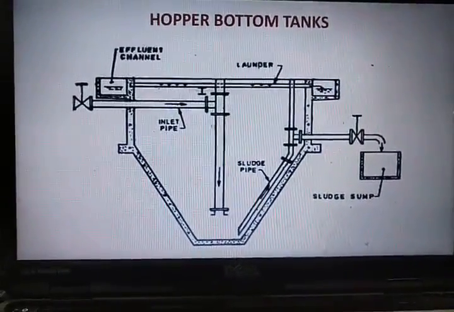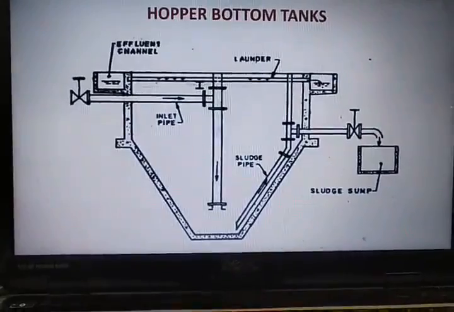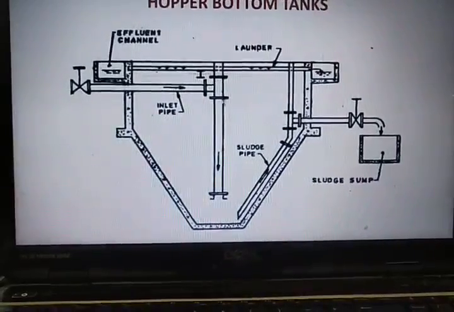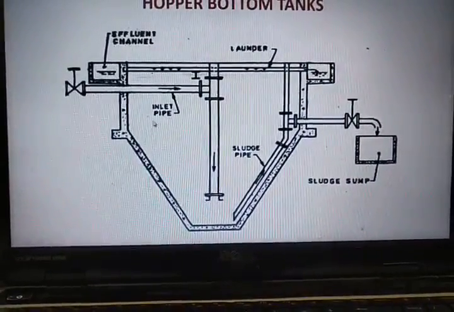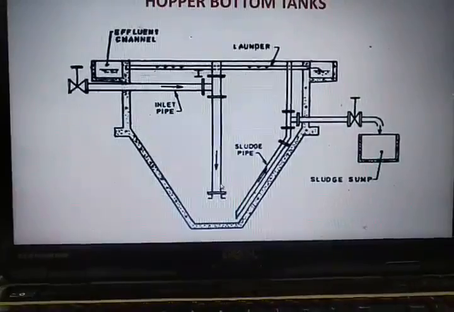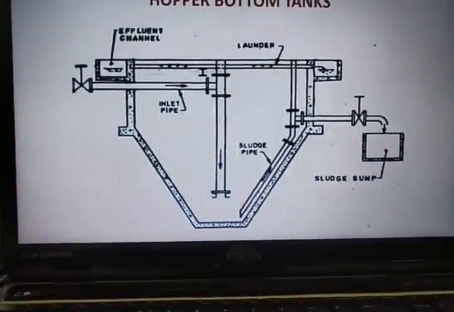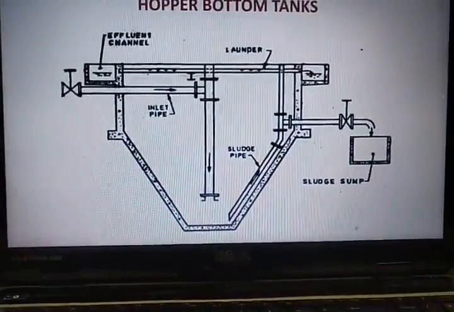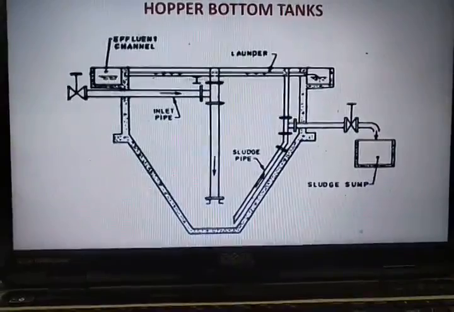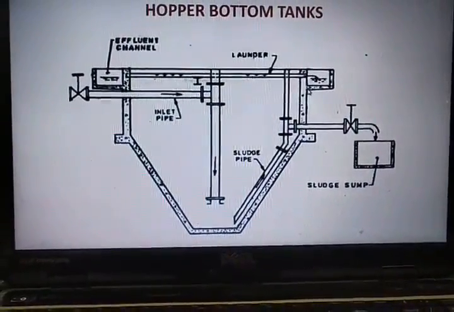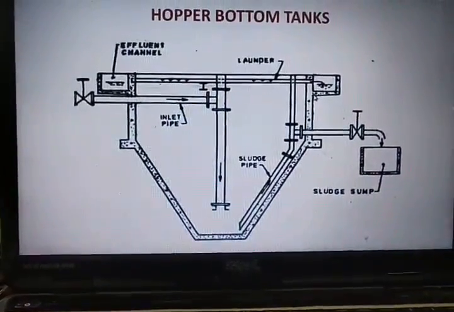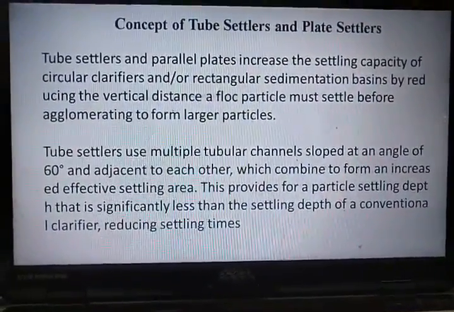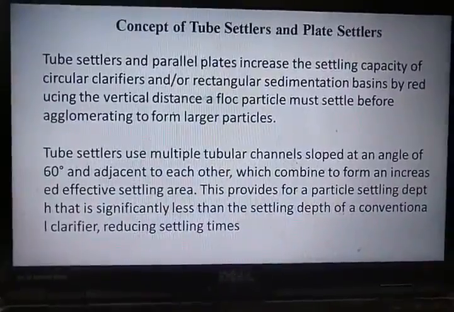In that the flow was vertical, here the flow is happening from the central channel, and this is the inlet pipe, this is the sludge pipe, and this shape is called hopper bottom type, and this is the launder, nothing but the effluent channel from which the clarified water is taken out after the treatment, okay. Then comes the concept of tube settlers and plate settlers, okay.